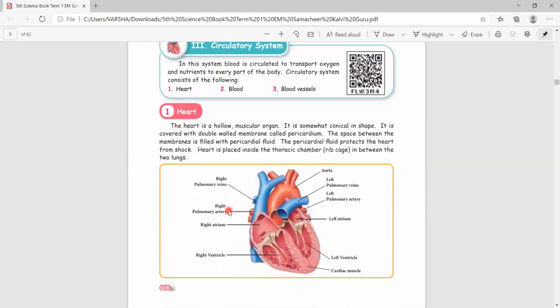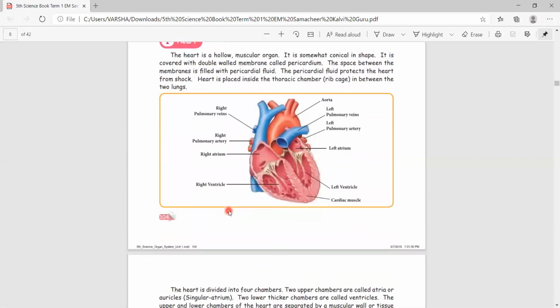First, we can see about the heart. What is the heart? The heart is a hollow muscular organ.